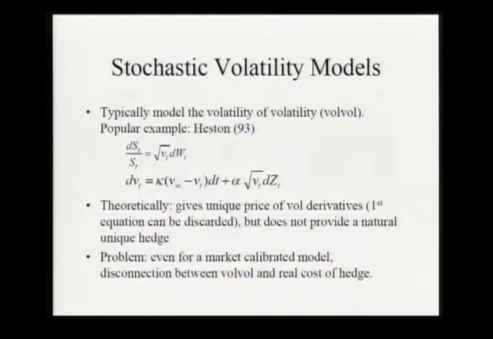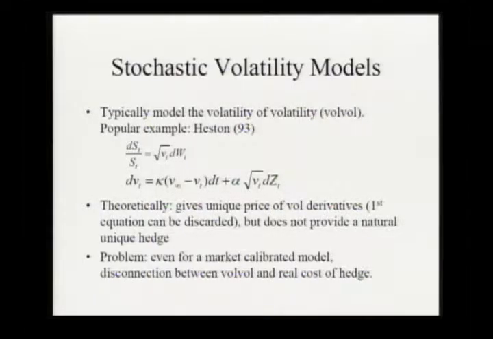Well, an approach used by many people to price volatility derivatives is to calibrate a kind of classical model for the stock price, like Heston or different variants of it, and then to use the calibrated volatility process to price the volatility derivatives.